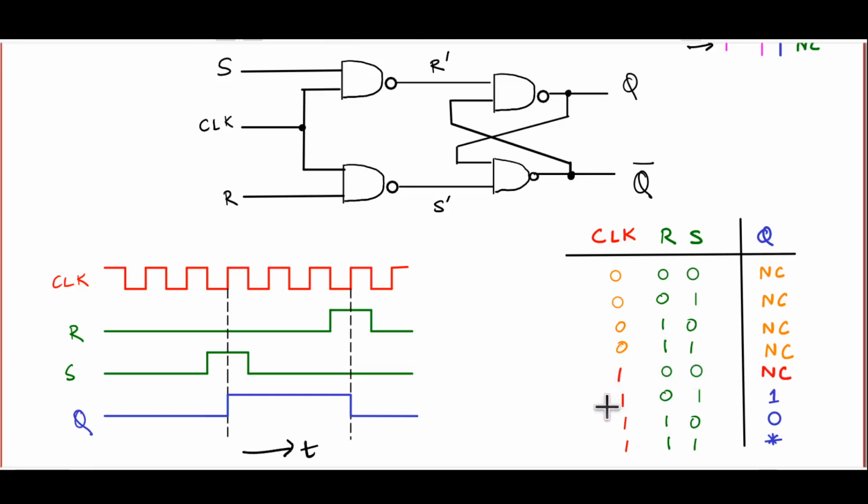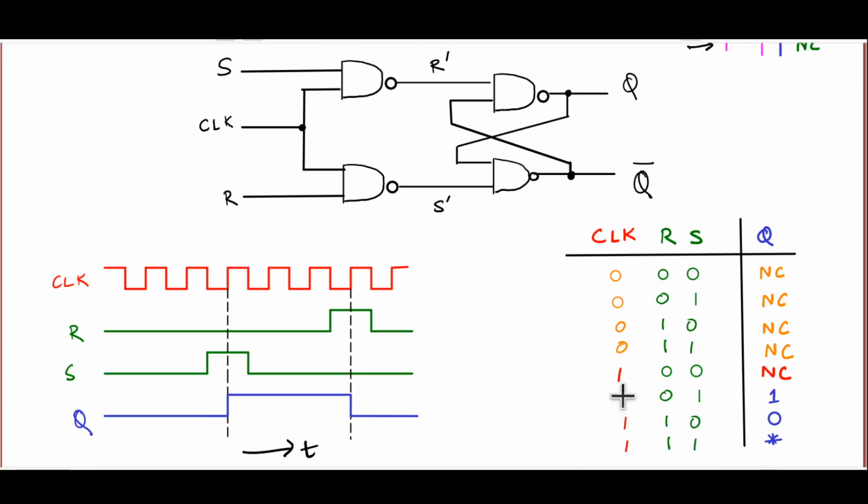Only when the clock is high and you have R equal to 0, S equal to 1, that is, you are trying to set, the latch gets set. When the clock is high, and you have R equal to 1, S equal to 0, the latch gets reset, you get a 0, and you get a race condition when all three inputs are high.